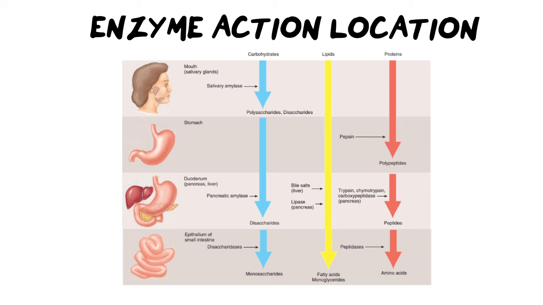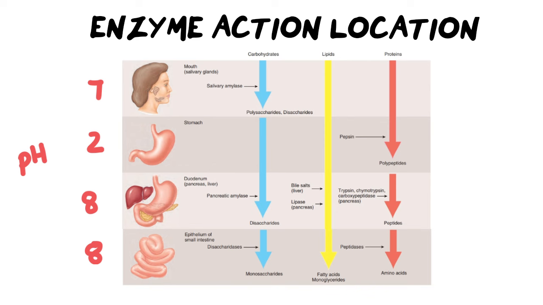So let's just quickly recap about the pHs of the various enzymes. When we're in the mouth, the pH is roughly a 7, which is fairly neutral. The stomach is an acidic pH of 2, and then the duodenum and the small intestine are both a pH of roughly an 8, which makes them alkaline.